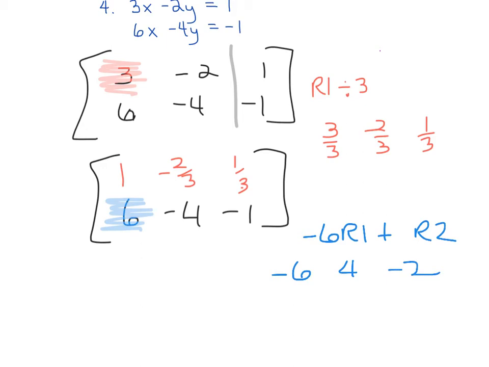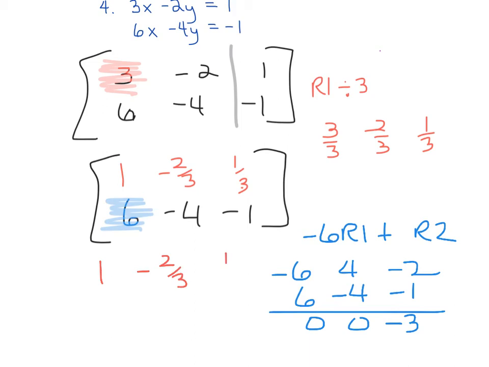That's the result of multiplying row 1 by negative 6. Add it to row 2. 0, 0, negative 3. So let me rewrite row 1. My row 2 becomes 0, 0, negative 3.